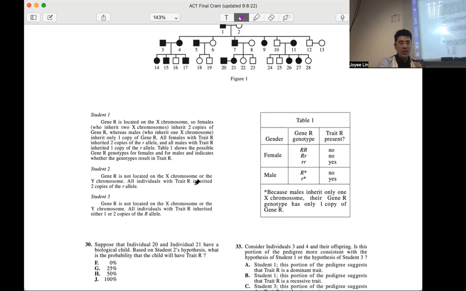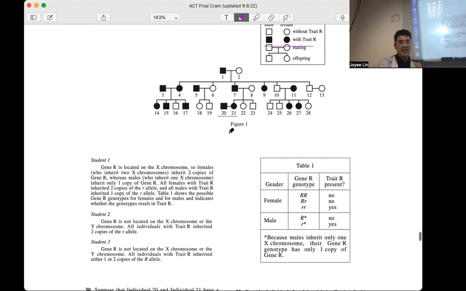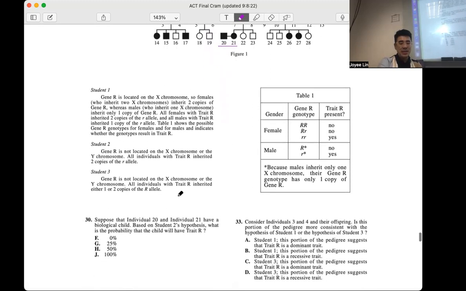All individuals with trait R inherited 2 copies of the little r allele. So both of these have the recessive trait, right? So if 2 people with the recessive traits mate, then what's the likelihood that their child will have the trait? 100%, right? If there are 2 homozygous, they'll use that phrase sometimes. Homozygous recessive.